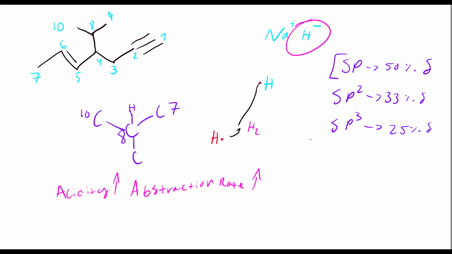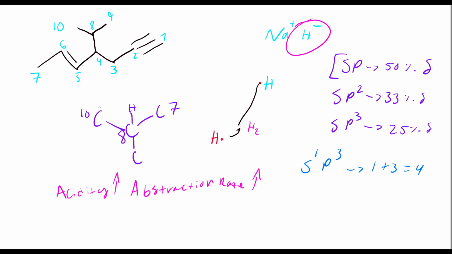That makes us an sp3: S1, P3, 1 plus 3 is equal to 4. So number 8 is sp3 hybridized. That means it only has 25% S character, which makes it very, very basic. It's not acidic. The less acidic you are, the more basic you are. So as acidity decreases, basicity increases.